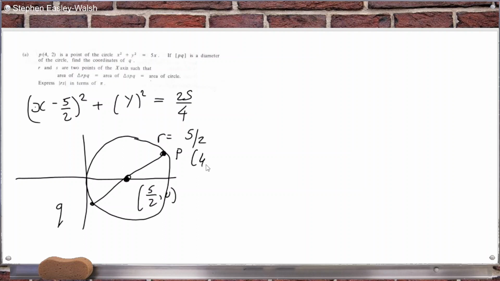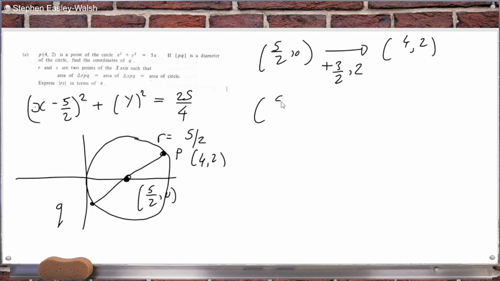So if P is 4,2, then to go from 5/2,0 to 4,2, you would have to add 3/2, 2. So then reversing that, 5/2 minus 3/2, minus 2, that's 1. And minus 2. So there you go.